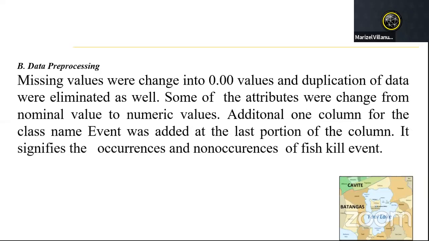The missing values were changed into 0.00 values, and duplicate data were also eliminated. Some of the attributes were changed from nominal to numeric values. An additional column, which I consider as the class, named event, was added at the last portion to signify the occurrences and non-occurrences of the fish kill event.